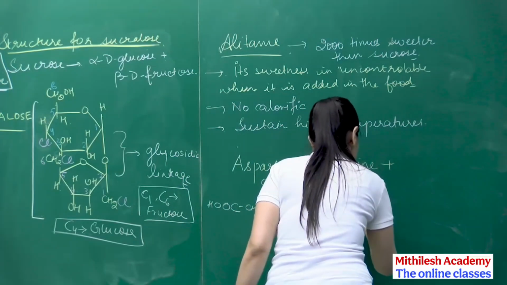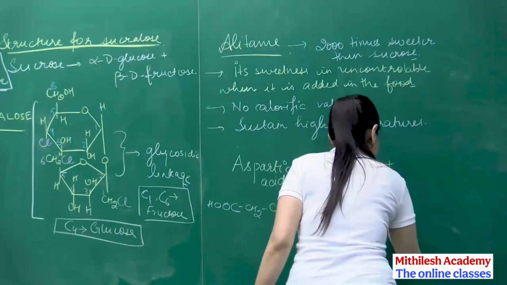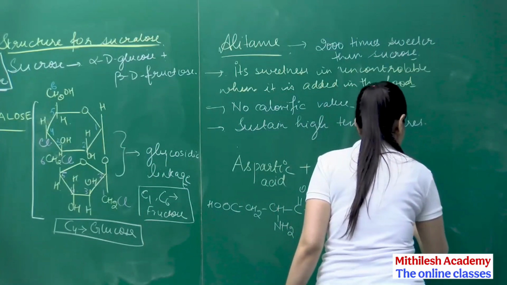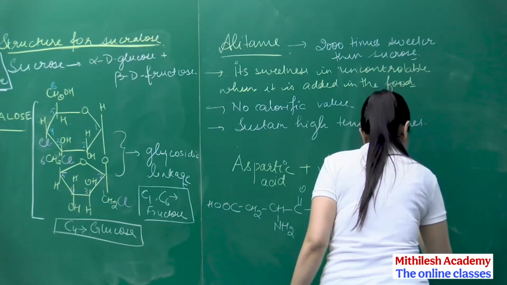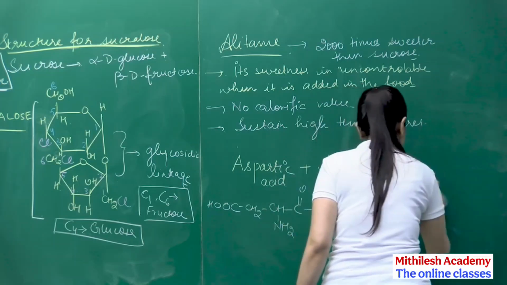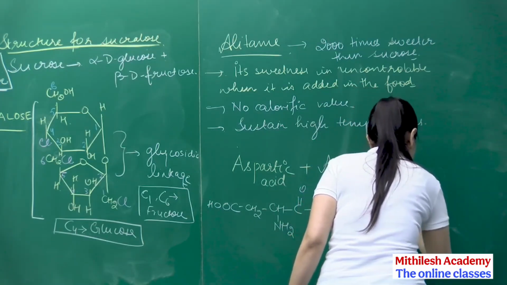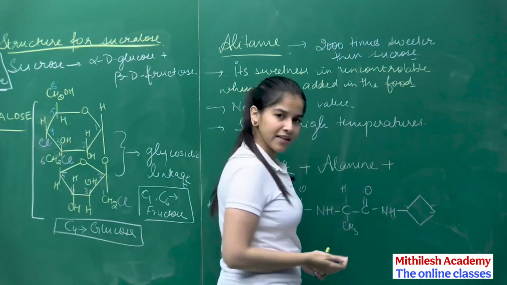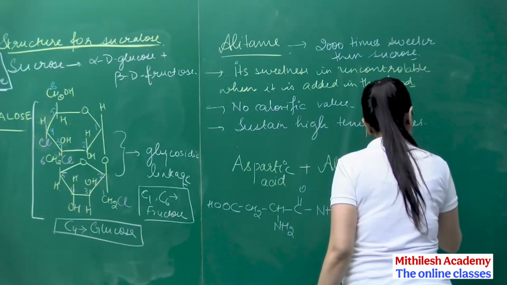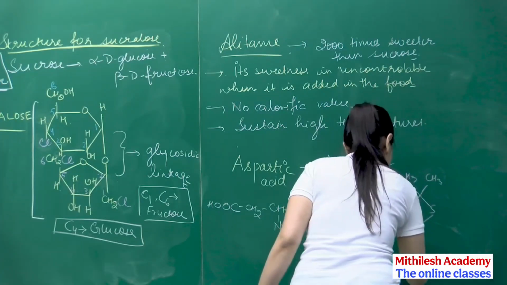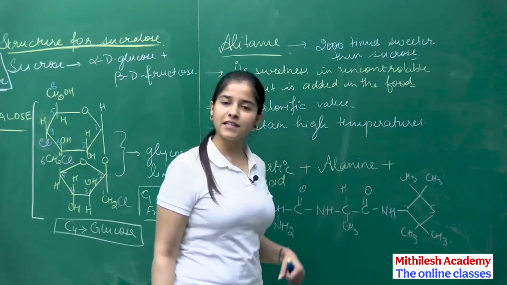Here it would again be C double bond O, again a peptide linkage, NH. And now what do I have here? I have got something like this, connected with two methyls. So that is what the structure is.